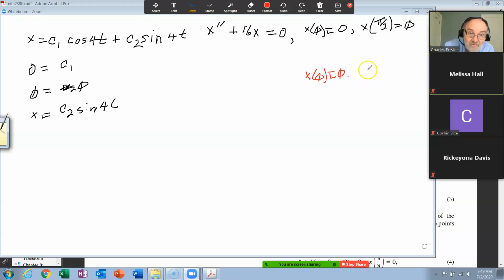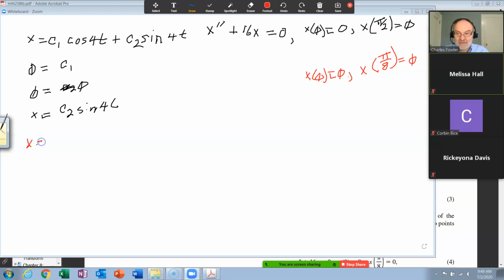But this time we're going to say x of pi eighths is equal to 0. Okay. Now, your first condition there is going to give you the same C1 equals 0. The second condition gives you this.